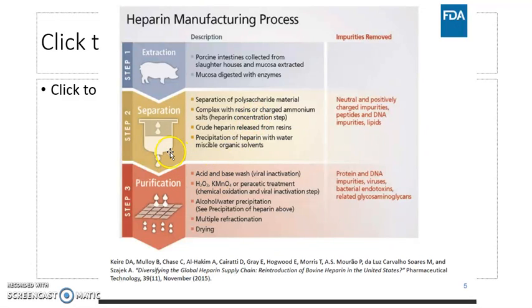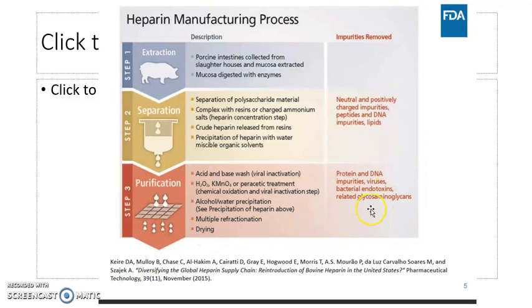So next, it undergoes purification. You do the acid and base wash to inactivate the virus. Okay, and then you have hydrogen peroxide, potassium permanganate, or peracetic treatment, which is part of the chemical oxidation and viral inactivation step. And then we have the alcohol or water precipitation, and then multiple refractionation, and also after that drying.